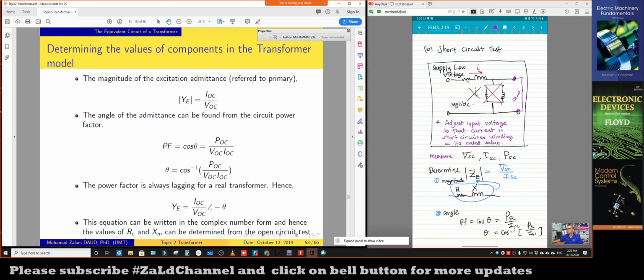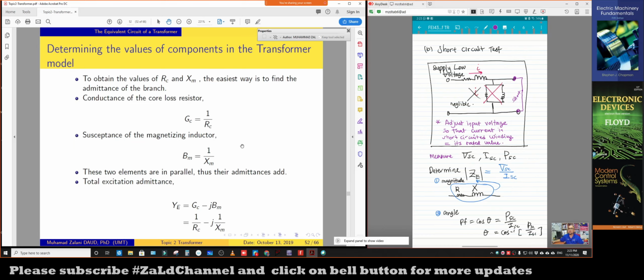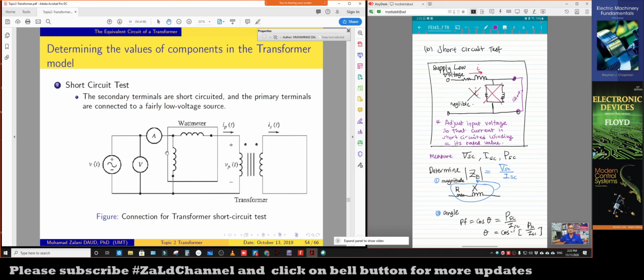Okay, so from that we can do a setup very similar to the open circuit test. Kita pasang lah, we place our voltmeter, ammeter and also wattmeter to calculate the values of voltage, current and also power during the short circuit test.